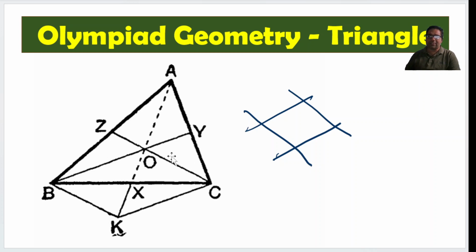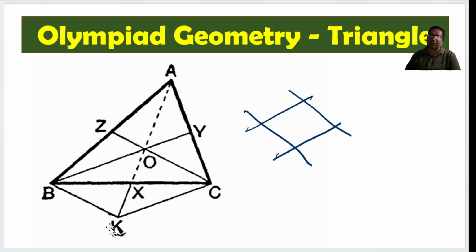So necessarily, OX equals XK, and OK is actually equal to OA. How do we know? Because we have already decided that O is the midpoint of AK. This is parallel to KC, and this is one midpoint, so obviously this is another midpoint.